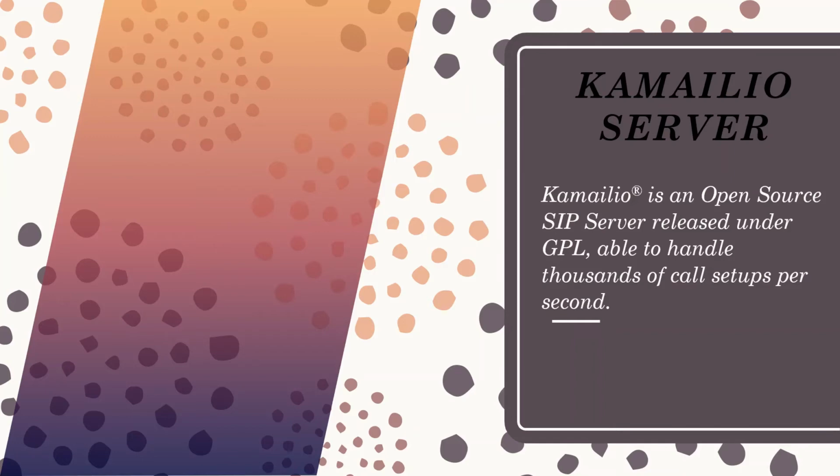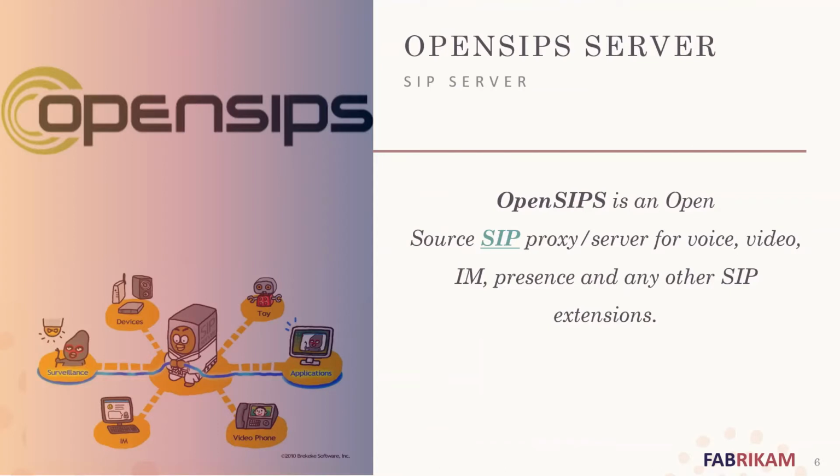Moreover, it can be easily used for scaling up SIP to PSTN gateways, so this Camellia server can also be used for connecting to the PSTN with VoIP. Two different platforms can communicate well.